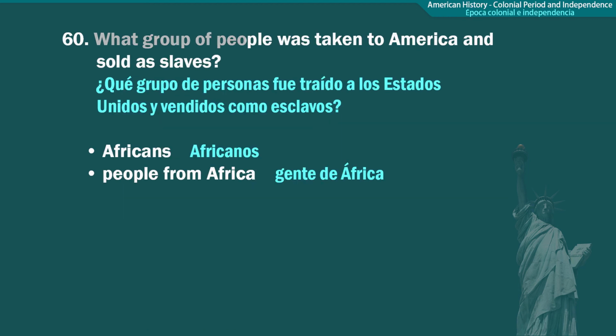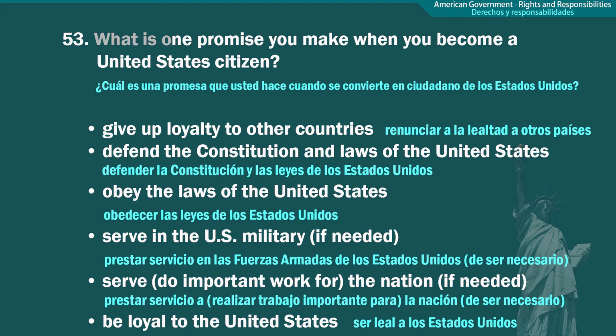What group of people was taken to America and sold as slaves? Africans. People from Africa. What is one promise you make when you become a United States citizen? Give up loyalty to other countries.